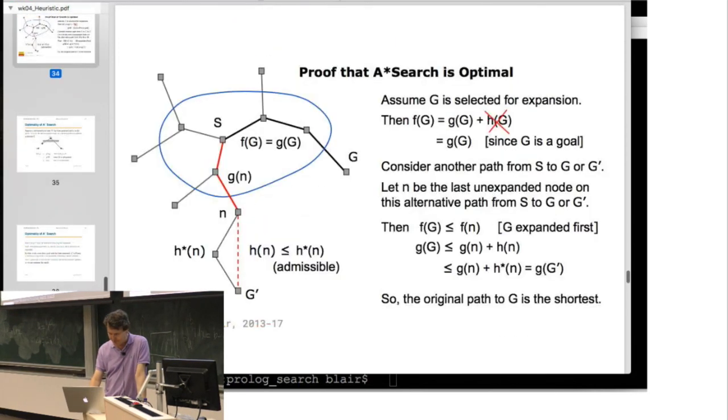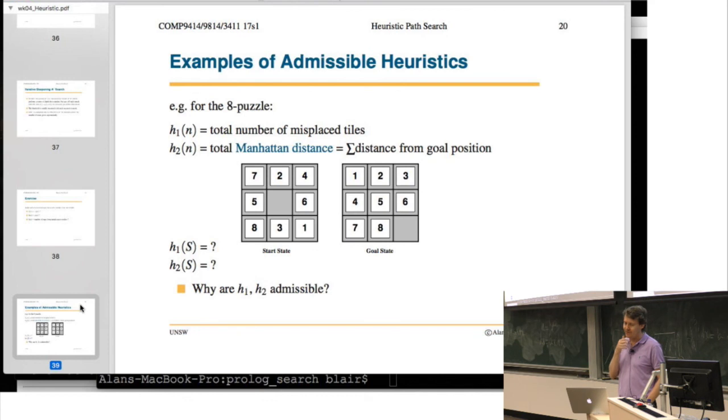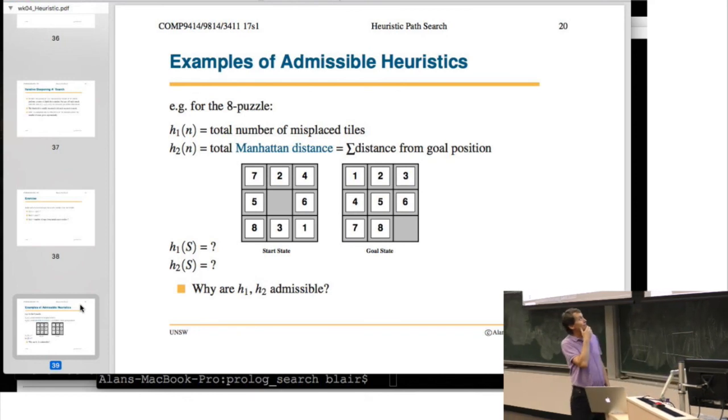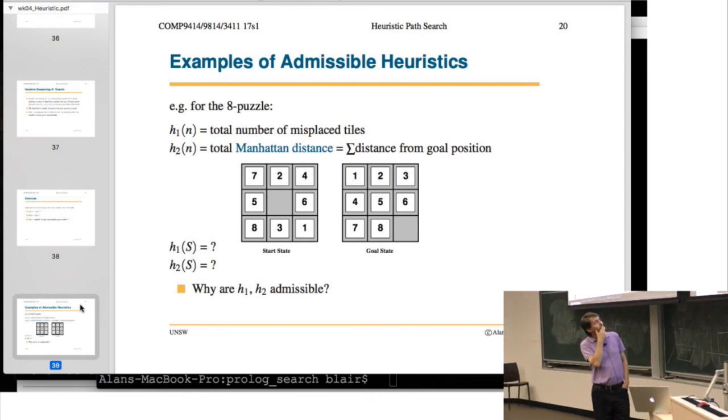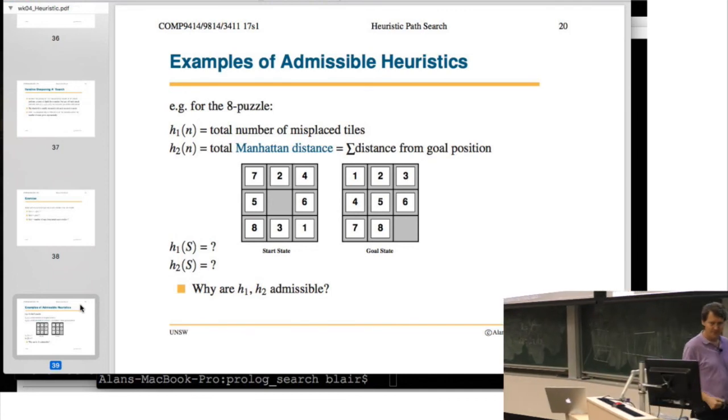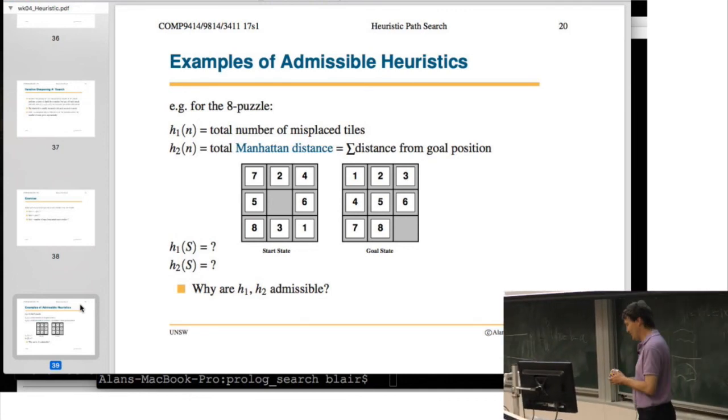Okay, so when we're given a map or a maze, this straight line distance is actually a good heuristic to use. But when we're given something like the 8 puzzle or Rubik's Cube, this becomes really quite a challenge.